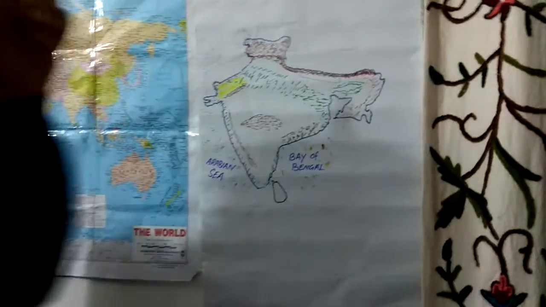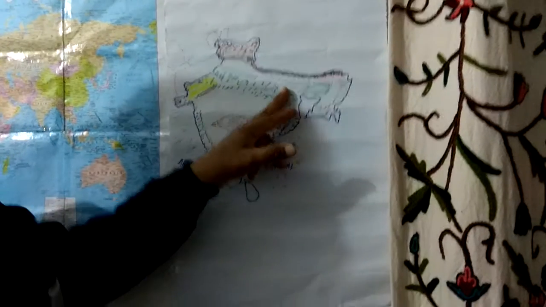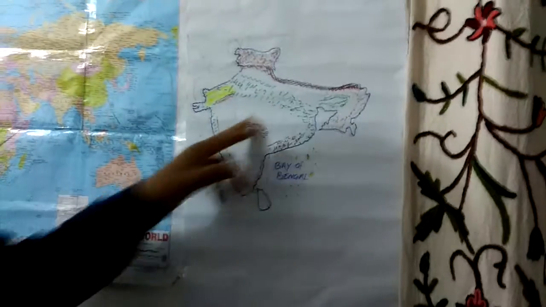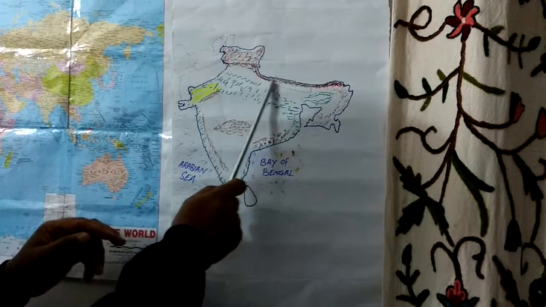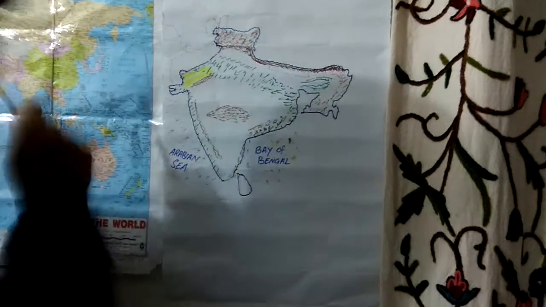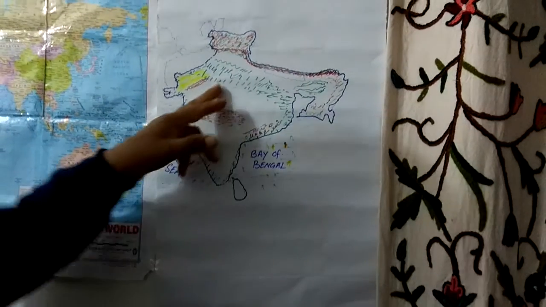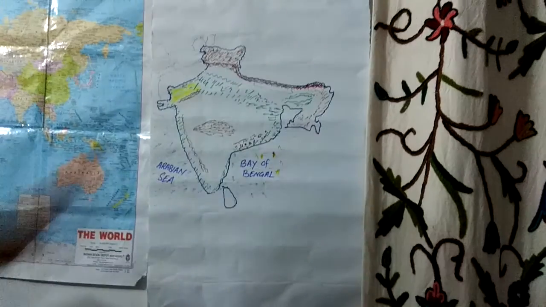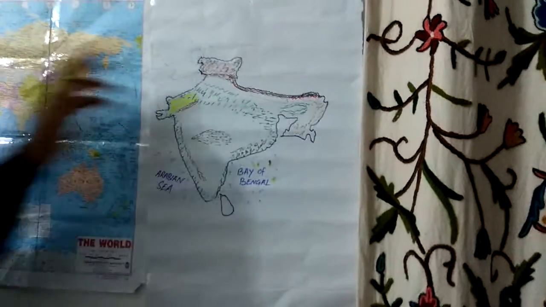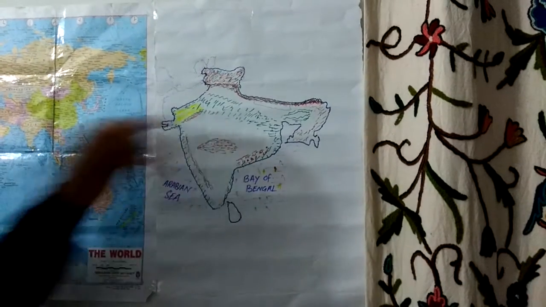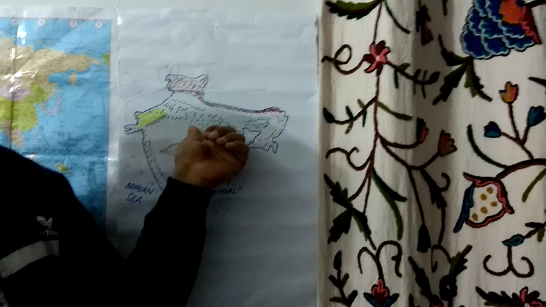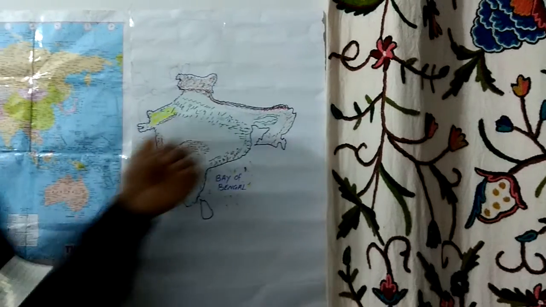All those agricultural activities have been facilitated by this natural drainage system. All the agricultural activities, we say in geography, are known as number one, mixed farming.